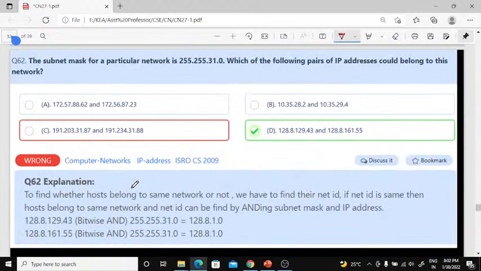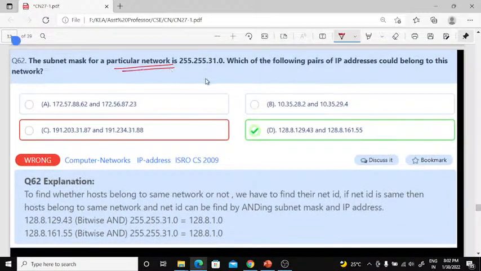The subnet mask for a particular network is 255.255.31.0. This is one of the networks. So we need to find the subnet mask.